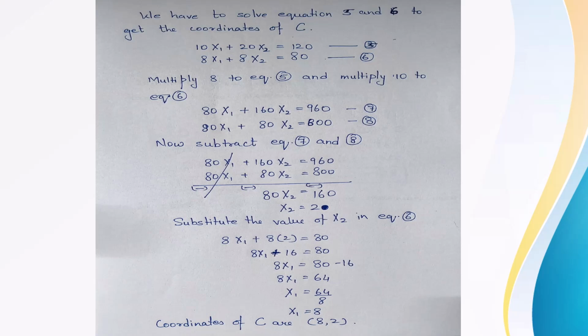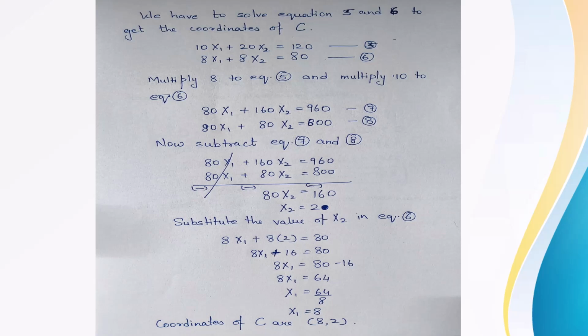So I am going to subtract equation 7 and 8. 80x1 will cancel out from both the equations, and the subtraction of the rest is 160x2 minus 80x2 will give you 80x2, and 960 minus 800 will give you 160. That leads to x2 is equals to 2.